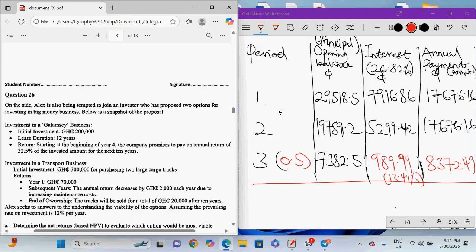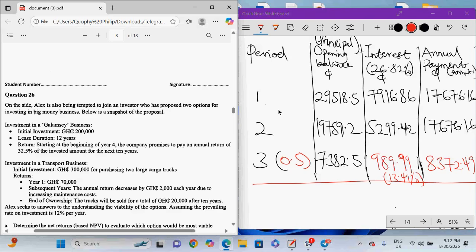The next investment is investment in a transport business. Initial investment 300,000 Ghana cedis for purchasing 2 large cargo trucks. Returns year 1 70,000 Ghana cedis. Subsequent years the annual return decreases by 2,000 each year due to increasing maintenance costs. End of ownership: the trucks will be sold for a total of 20,000 Ghana cedis after 10 years.